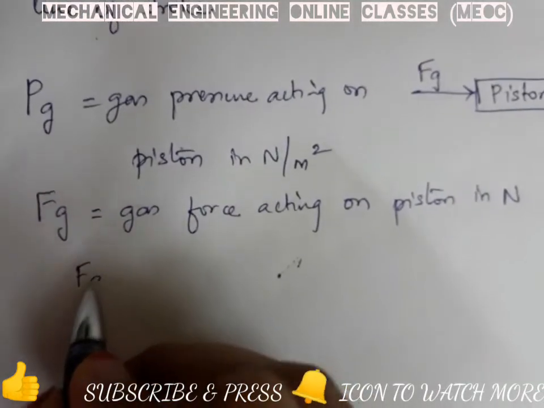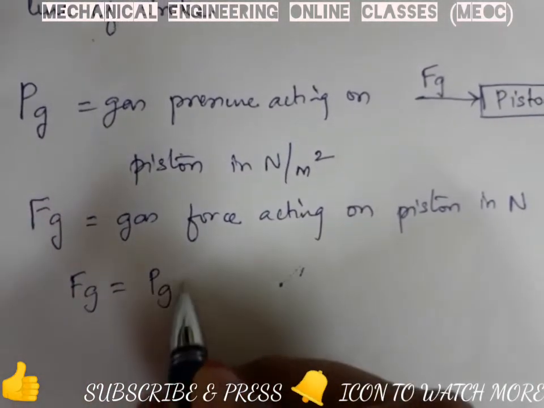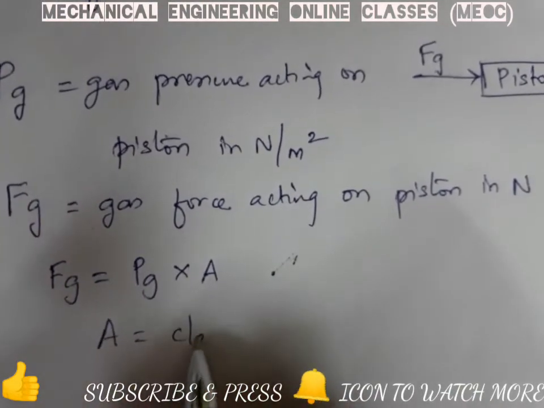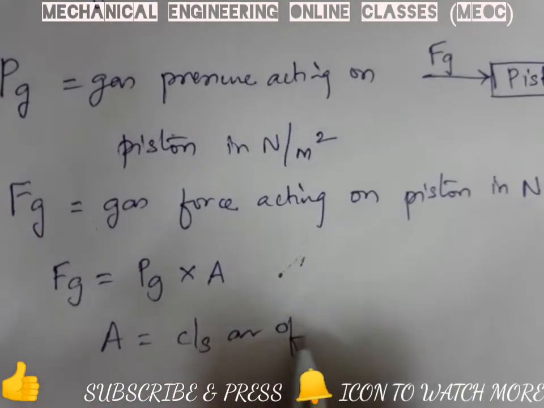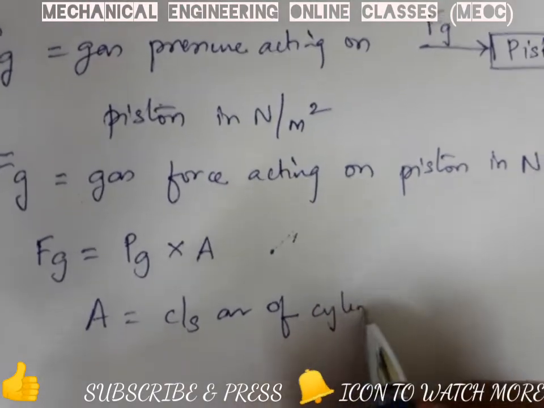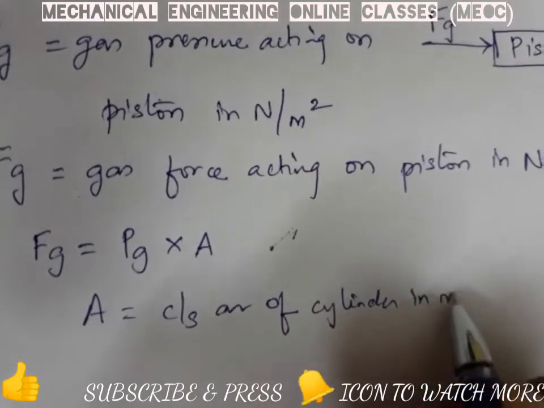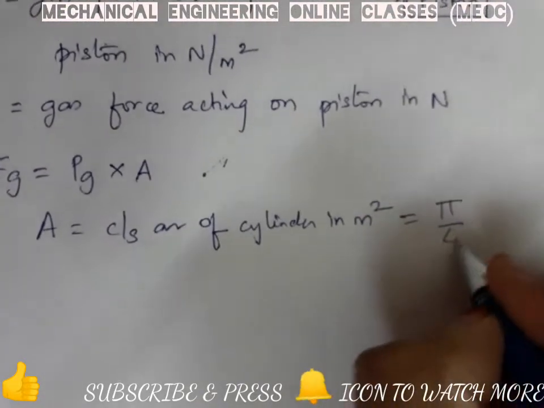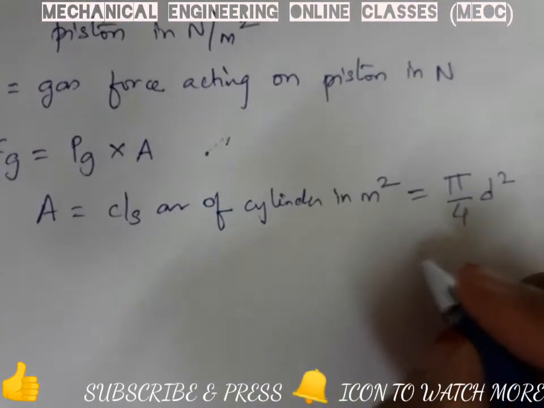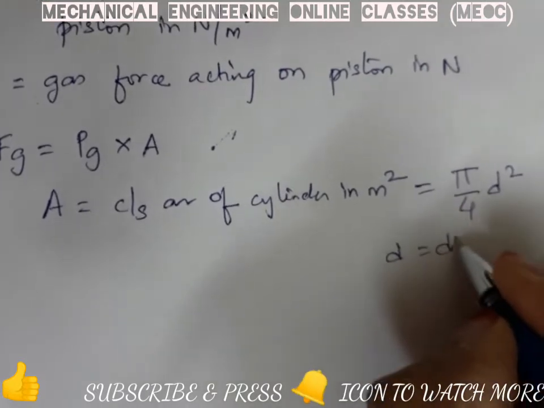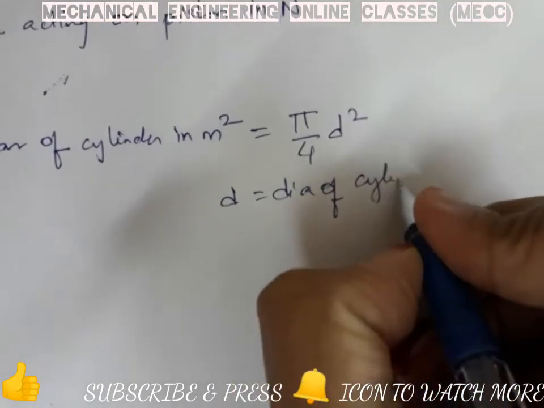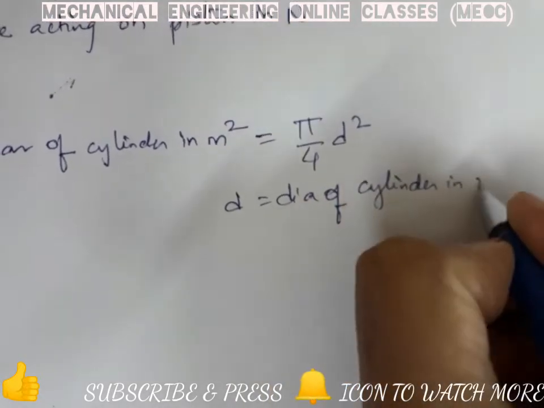And we know that force is nothing but pressure into area of cross section. So let capital A be the cross sectional area of the cylinder, taken in meter square. So let this be pi by 4 d square, where d is the diameter of cylinder in meters.